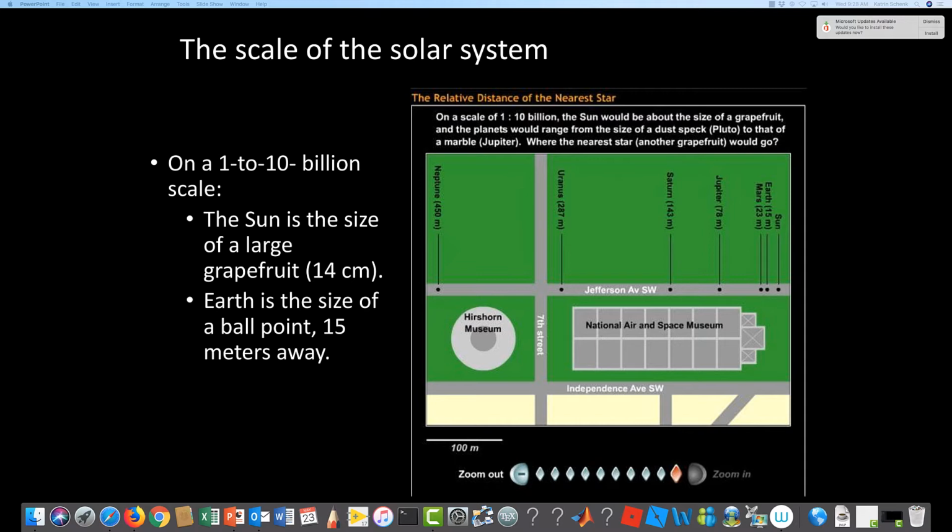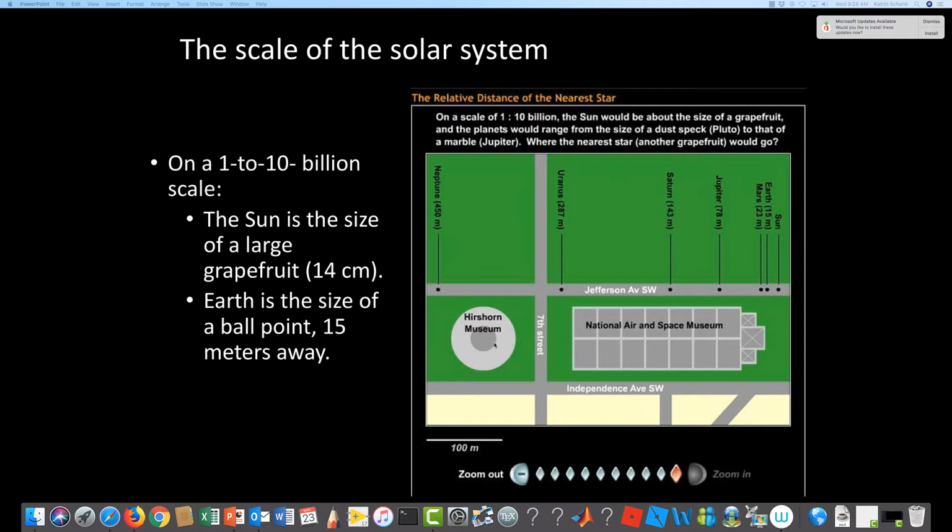But there is this walking planetary model where you have the Sun, then the Earth is about 15 meters away, Mars is 23 meters away, and hopefully some of you have walked this. And then the whole solar system at the 1 to 10 billionth scale is here along Jefferson Avenue, next to the Air and Space Museum and the Hirshhorn Museum. So it's really fun to go out there and actually walk that and think about the fact that it's a 1 to 10 billion scale.